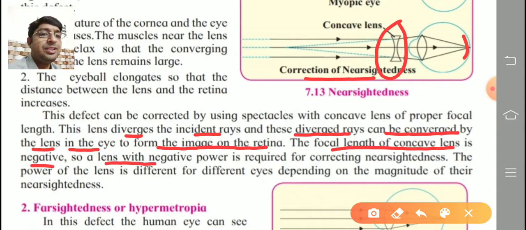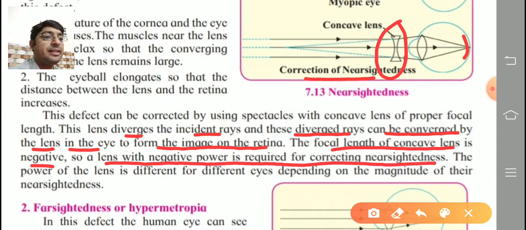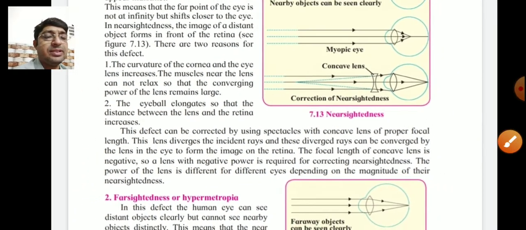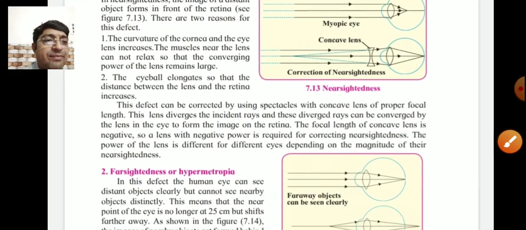So a lens with a negative power is required for nearsightedness. The power of the lens is different for different eyes depending on the magnitude of their nearsightedness. So this is about the first defect, myopia.